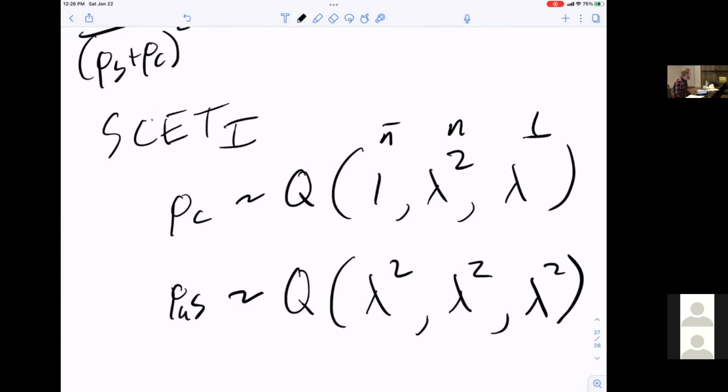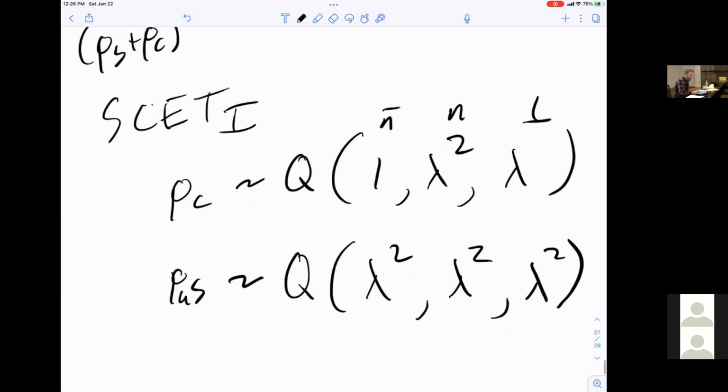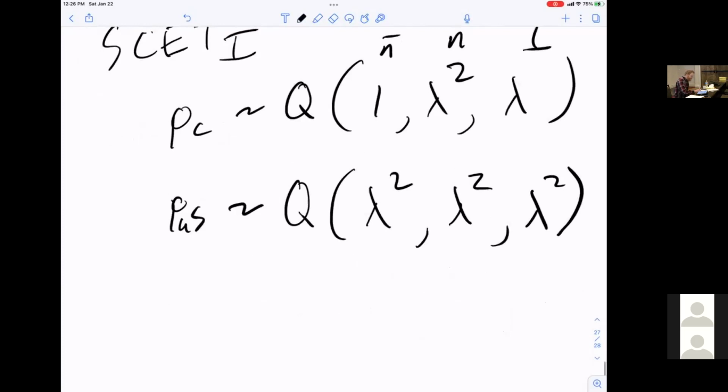Like I said, at leading power, you can get away with a multitude of sins. In SCET, you see the difference at subleading powers between ultra soft and soft radiation. That's where you're going to start seeing the differences. When I add these two together, I just get back a collinear scaling.